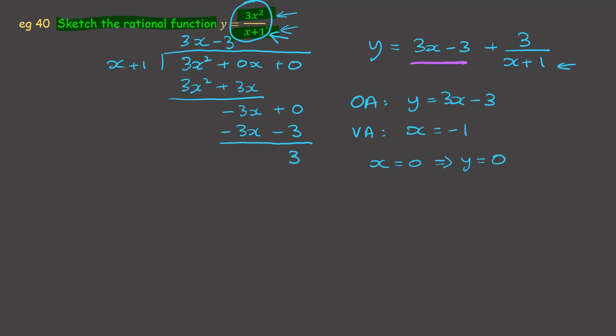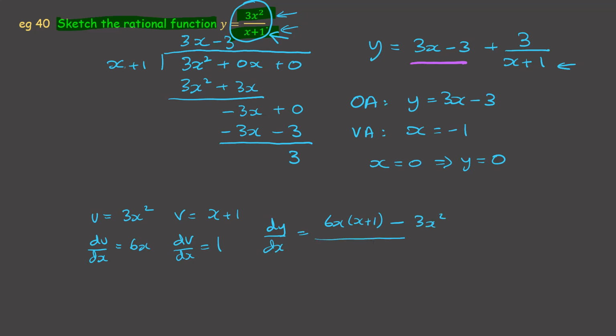Now with this one I might just differentiate. So u is 3x squared, v is x plus 1, du dx is equal to 6x, and dv dx is equal to 1. And so dy dx would be equal to v du dx, 6x, x plus 1, take away u dv dx, which is 3x squared, all over v squared, which is x plus 1 squared.